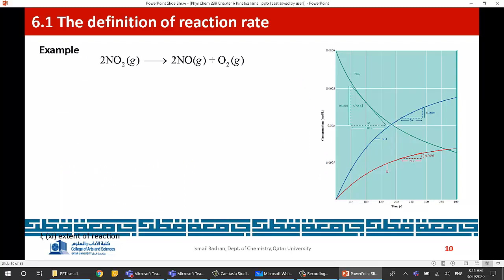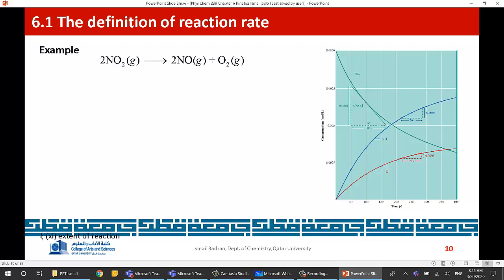So let's take an example: 2NO2 gas goes to 2NO gas plus O2 gas. Clearly in this figure, you see here that the nitrogen dioxide, NO2, the green line, is decreasing, and it has a rate. You can calculate that rate at a given point by taking the slope, delta y over delta x, you divide this by this, and you can find the rate, and you make it minus.